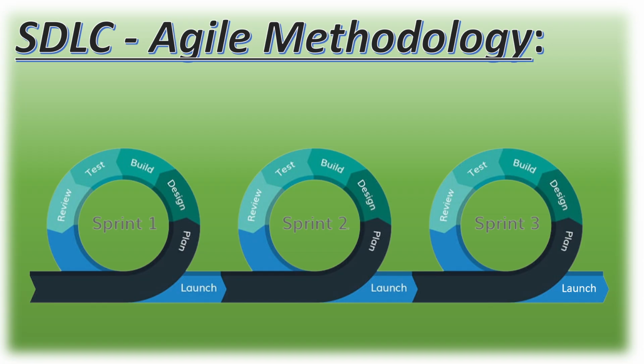This is sprint one, where we start the sprint with planning, designing, developing and testing, then we have a review and release. Immediately after that we start sprint 2 with sprint planning, then design, coding, testing, reviewing, then launch.